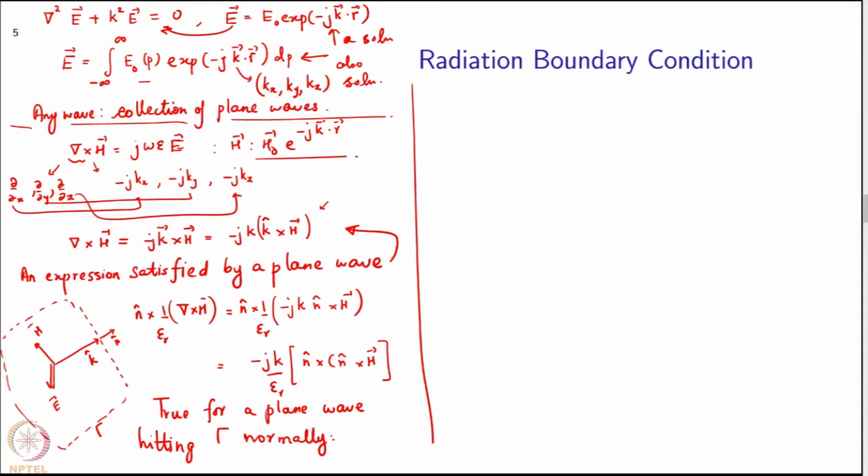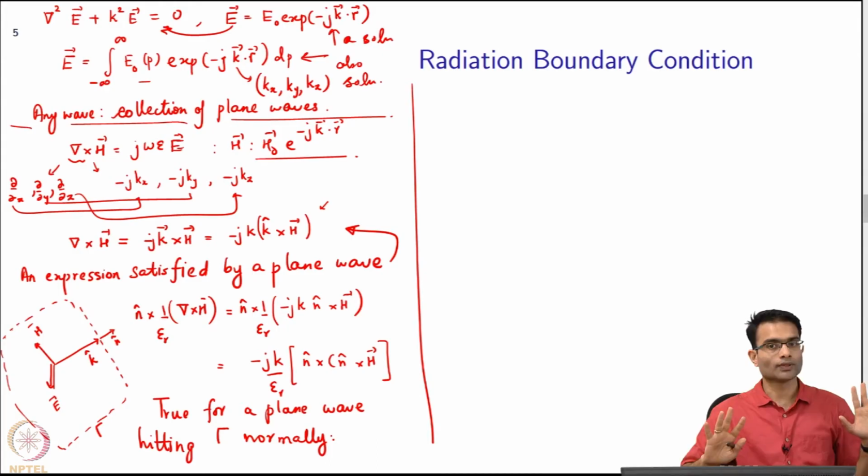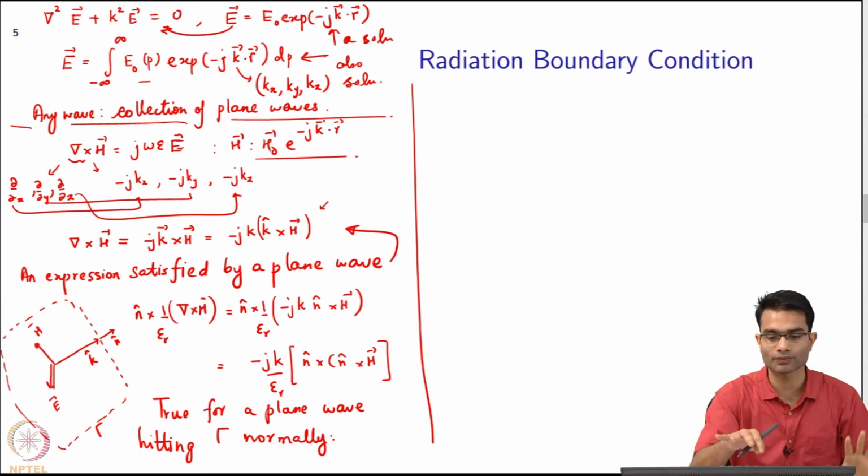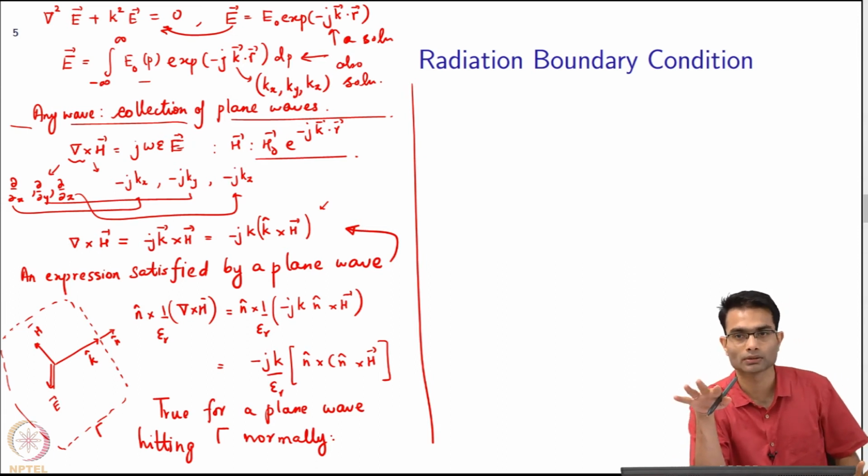This epsilon r is for a homogeneous medium. I mean, epsilon r is not a function of space over here. Why? Because if epsilon r is not a function of space, then I can safely assume that the solution is a plane wave, correct? We know that for a homogeneous medium, Maxwell's equation gives a plane wave solution of the form e to the minus j k dot r.